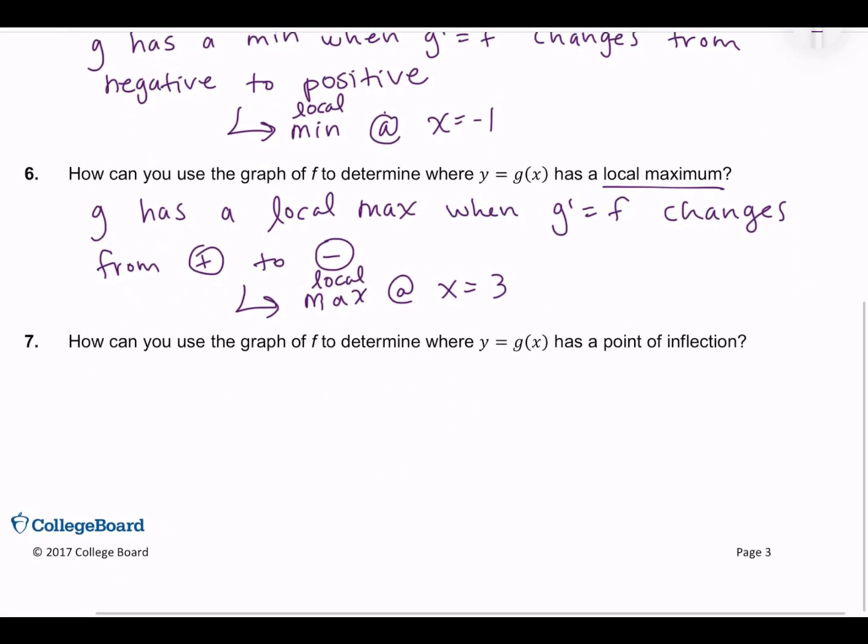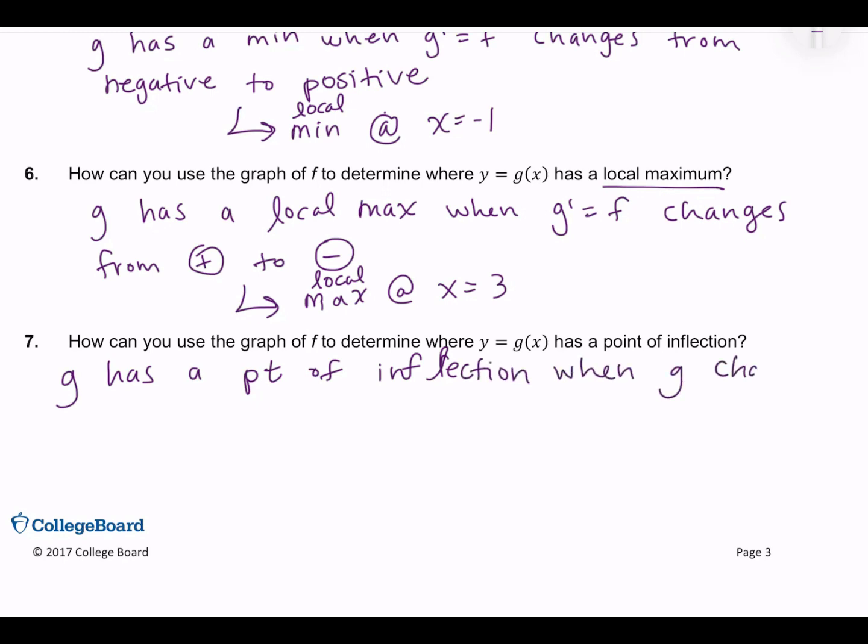And then finally, how can you use the graph of f to determine where g has a point of inflection? So g has a point of inflection when g changes concavity.